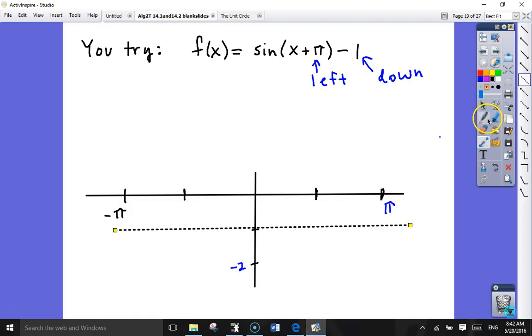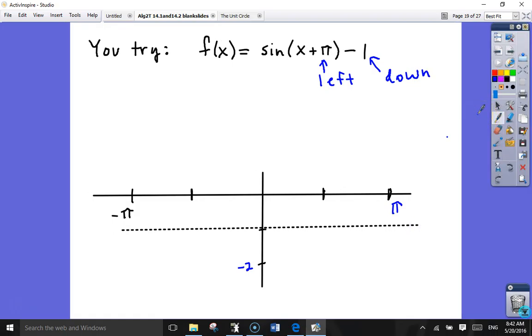And so this is a sine function, so it should start at 0, then now negative 1, go back, go up, go back to 0, go down, go back. So there's a nice sine wave.